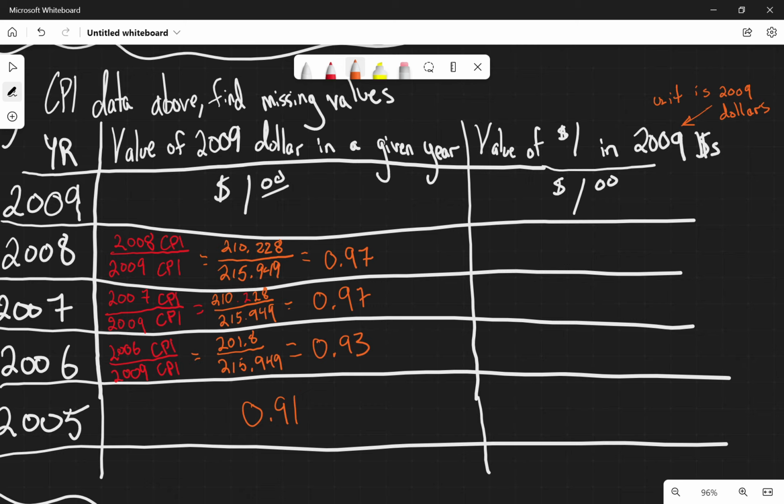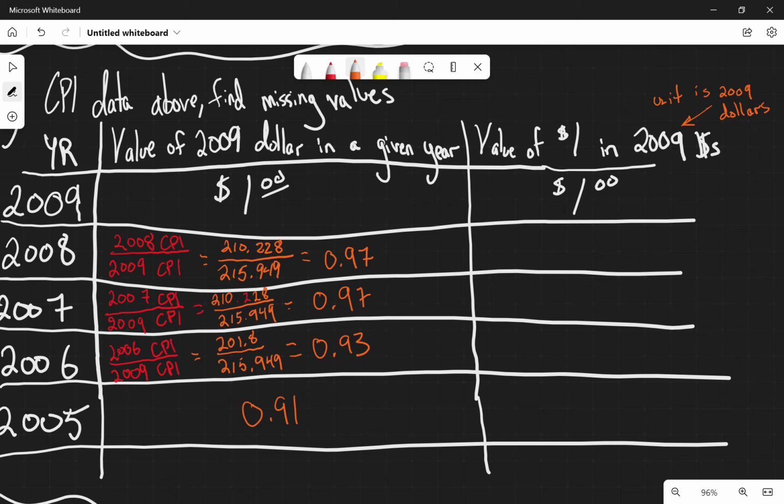So the units over here were all the dollar value in their respective year. This is going to be, the units is going to be $2009. So this is what we do almost always in economics. This is just an exercise to show the flip side of it, if that makes sense.